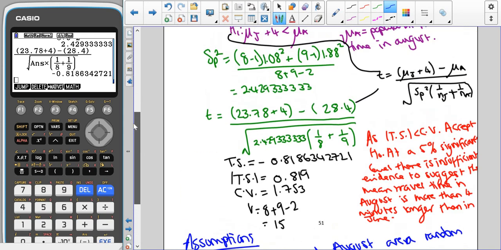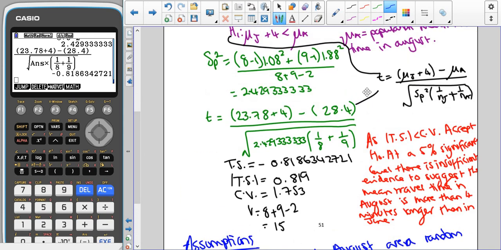So if you had rearranged it the other way, like I said, the way that I usually like to do it, then the main difference would be that these would be the other way around in your numerator.